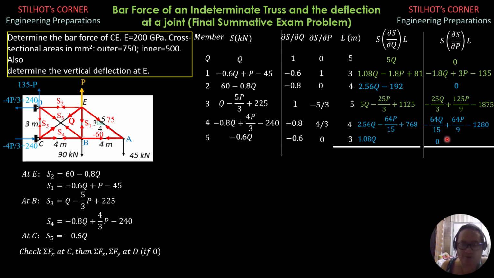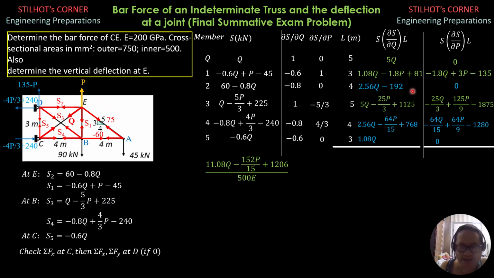This column here is for the vertical deflection at E. So first we add this column divided by the corresponding area: 1.08 plus 5Q plus 5Q is 11.08Q. Then negative 1.8P, negative 25P over 3. That's the value in terms of P.